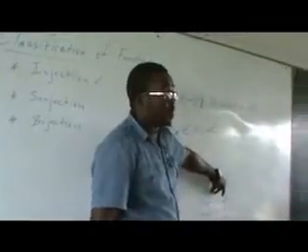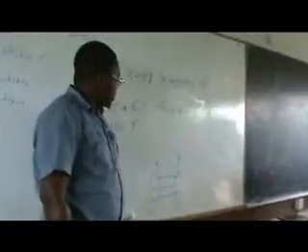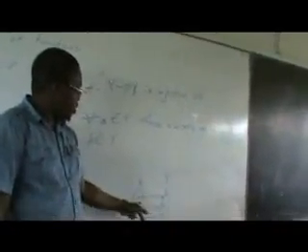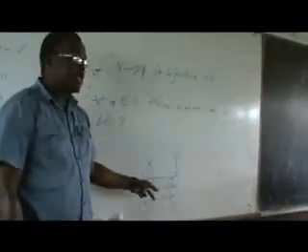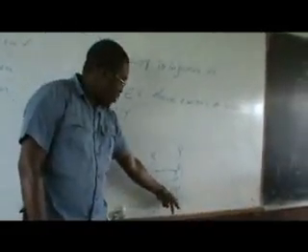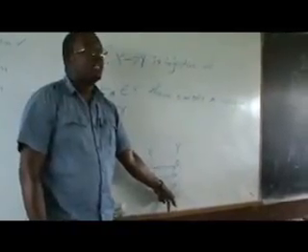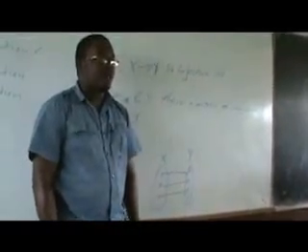This is termed a one-to-one mapping, right? If you notice, each element in your domain is mapped onto only one element in your codomain. Now if you notice here, we have an element in your codomain which does not have a mapping.